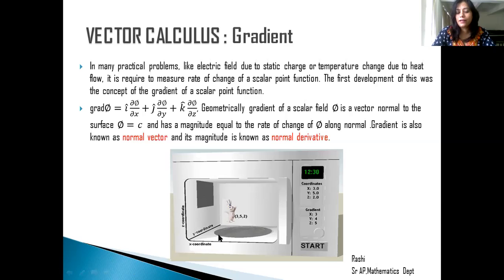If I find the gradient in another direction, that is known as directional derivative, which we will discuss after some time. So what is the basic concept of gradient? Geometrically, if you are sitting at a particular point, it tells where you should move to obtain the maximum of the function.